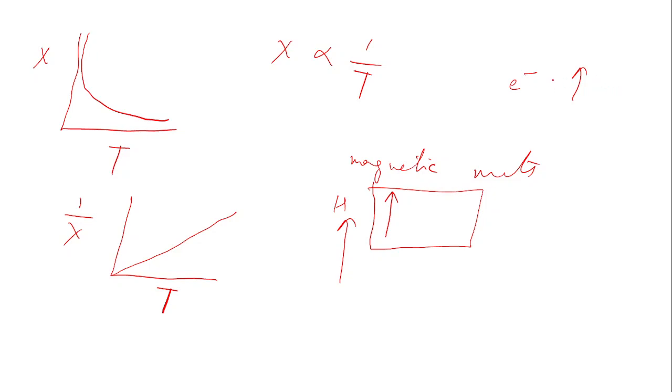But for paramagnetism, we have a permanent magnetic moment, unlike diamagnets, because in diamagnetic materials we don't have unpaired electrons. The electronic configuration of those materials is such that the electrons are in pairs, and because of that there is no net magnetic moment.